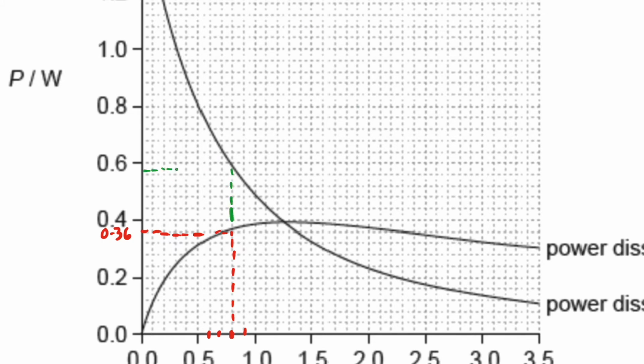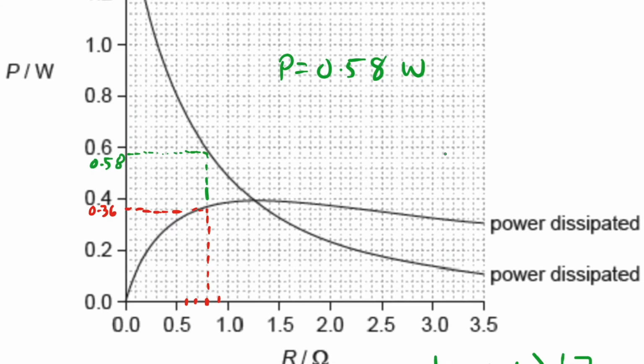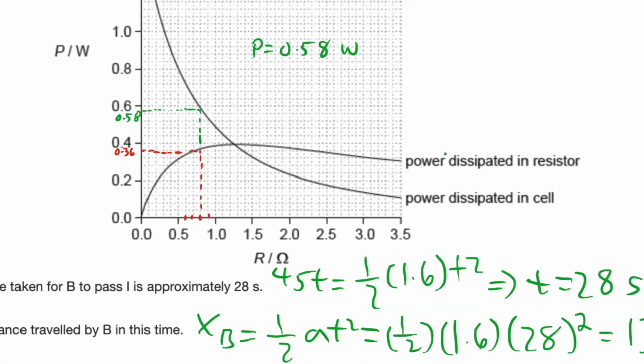So it seems like it's in the middle. So this is going to be equal to 0.58 watt, right? So the power is equal to 0.58 watt. So now you can calculate the internal resistance.